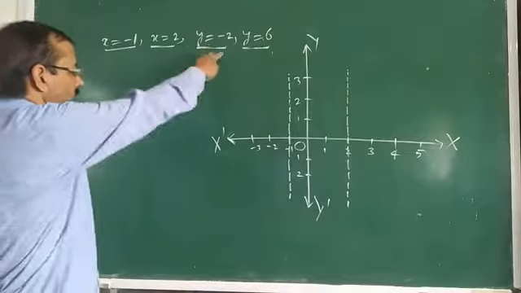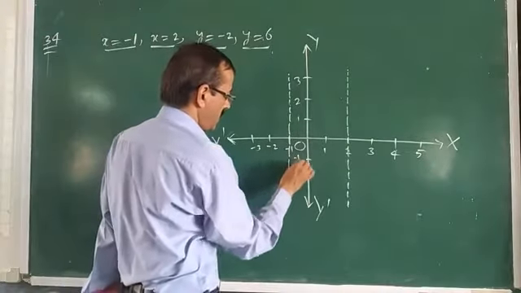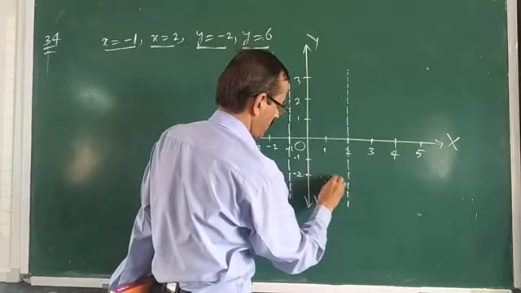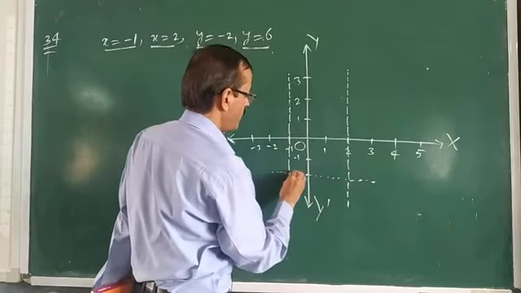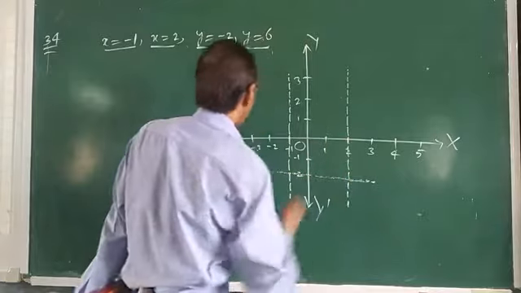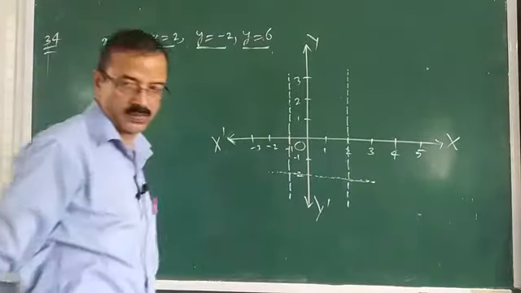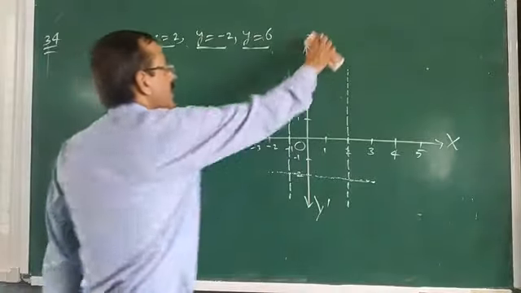Next, y is equal to minus 2. Where is it? Here, minus 1, minus 2. So here, this is y is equal to minus 2. Y is equal to 6. Oh, 6, so we have to make it a little longer.